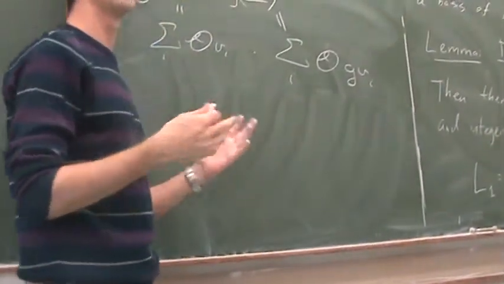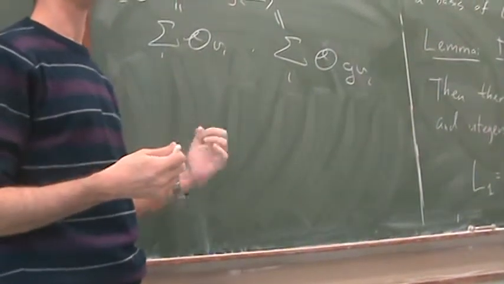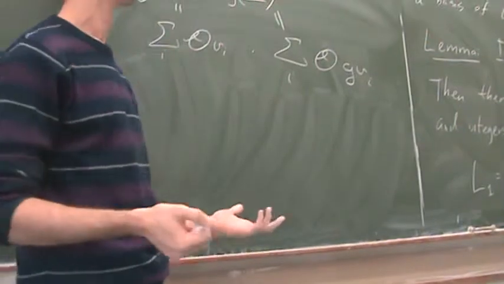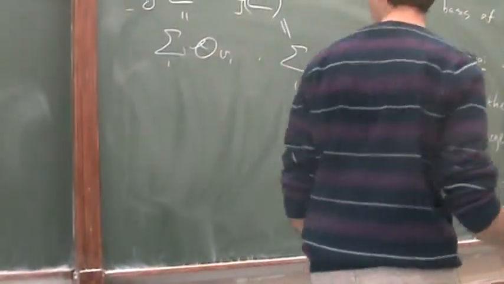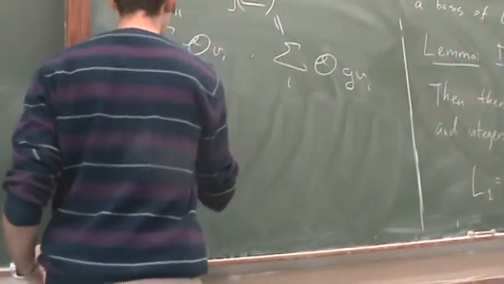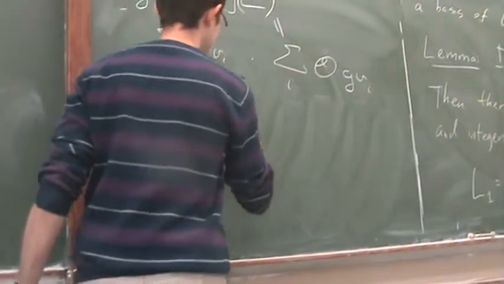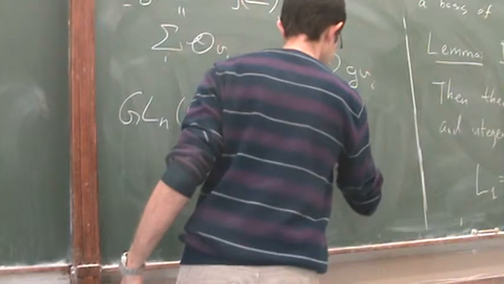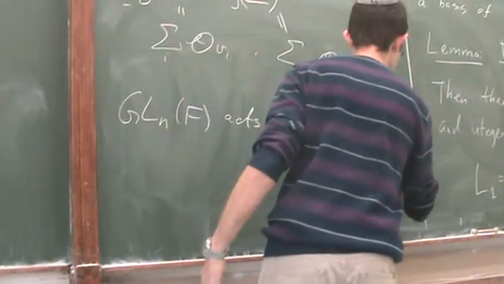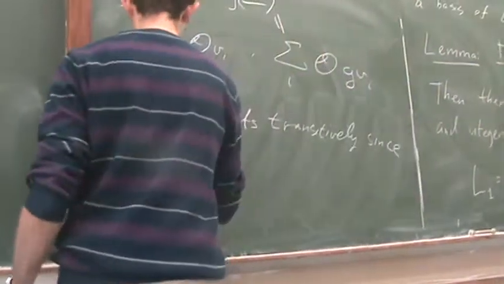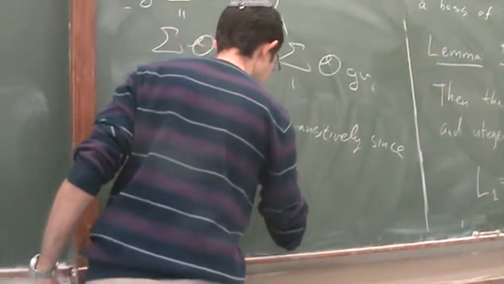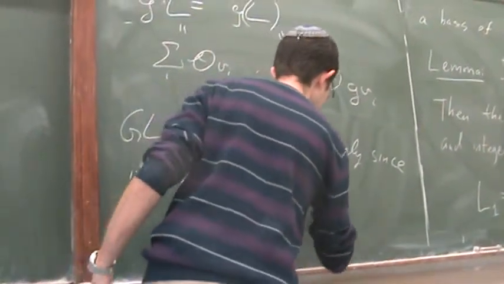And I could always move between two bases of F^d by an element of GLd(F). Well, just write this: GLd(F) acts transitively on bases of F^d.